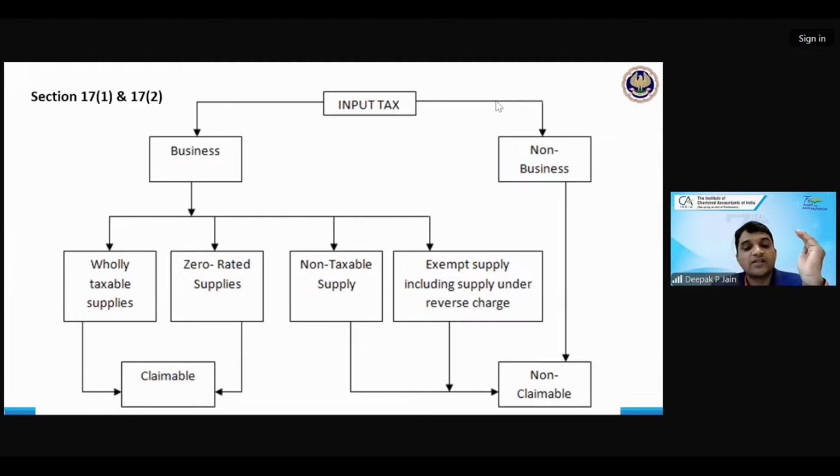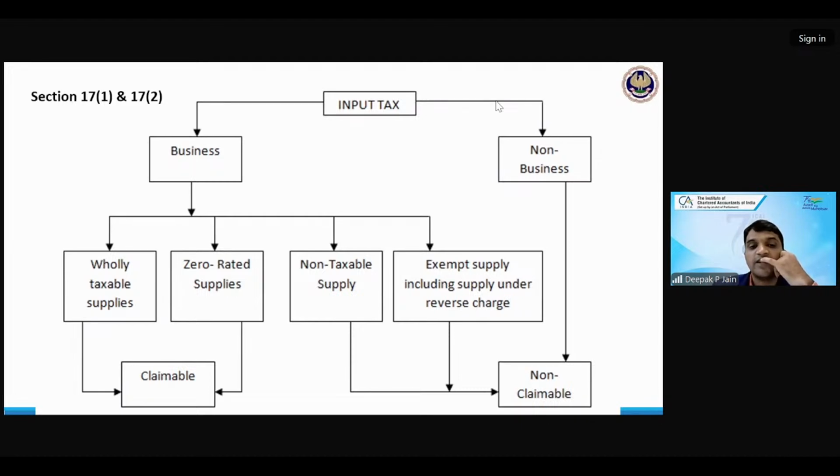Because you gave a correct answer on the difference between zero rated and exempt supply. So you know that for zero rated, ITC is available. So what will they do with the ITC? Utilize it for payment of output tax liability, but they don't have any output tax, right?